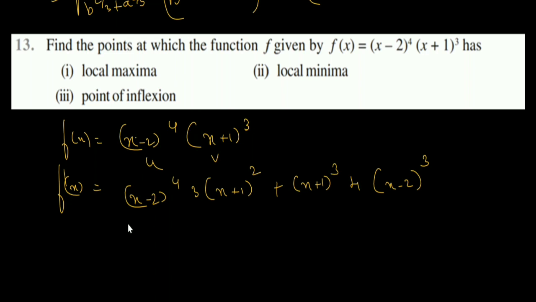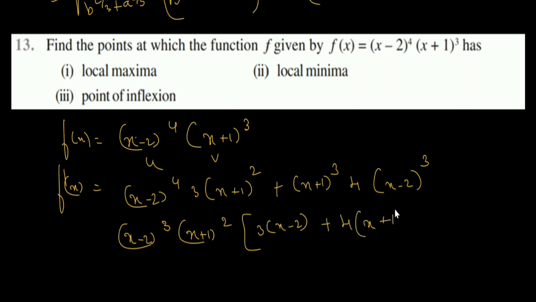So take out the common term outside. What is common here? (x minus 2)^3 is common. Then (x plus 1)^2 is common. So you get here 3 into (x minus 2) plus 4 into (x plus 1).